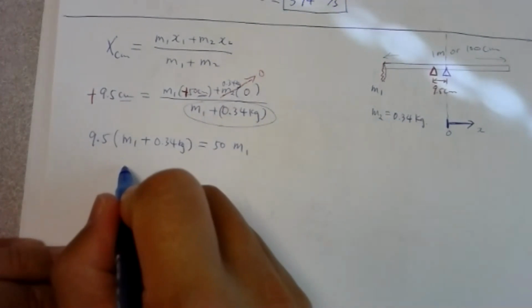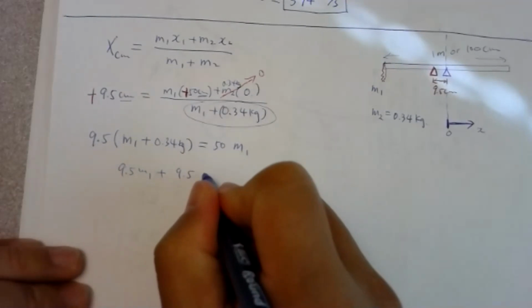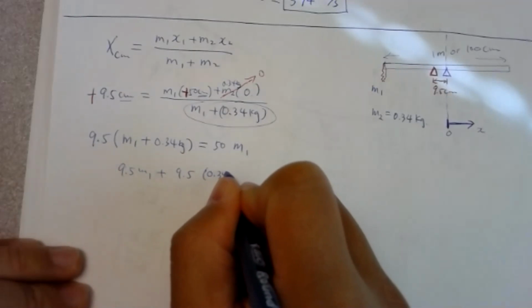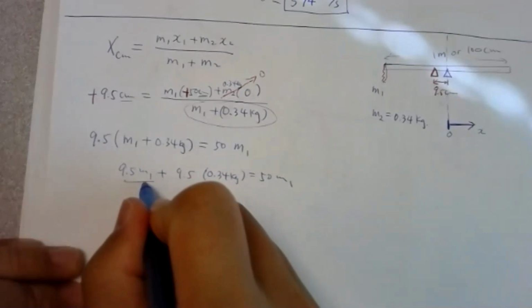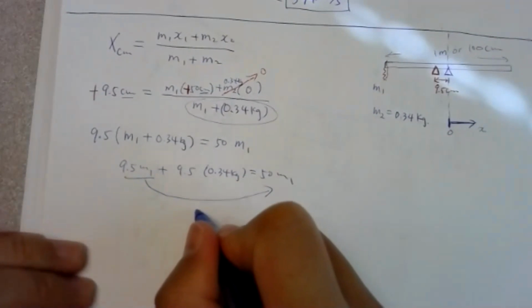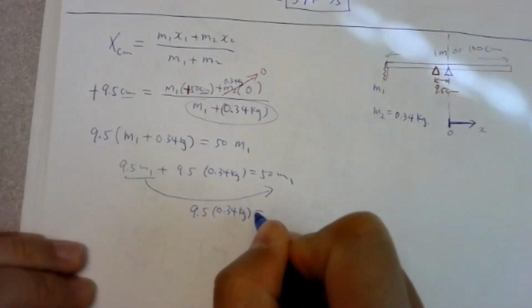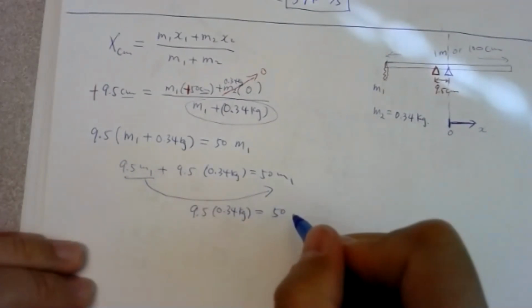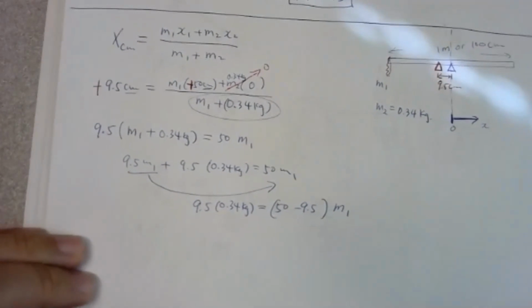So then this is 9.5 M1 plus 9.5 multiplied by 0.34 kilogram equals 50 M1, okay? So you can move this M1 to the other side of the equation. So 9.5 times 0.34 kilogram equals 50 minus 9.5 times M1, okay?